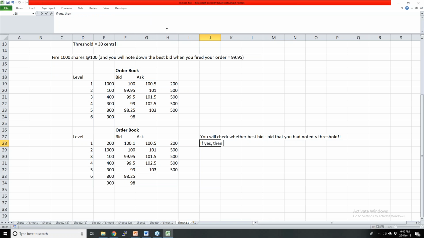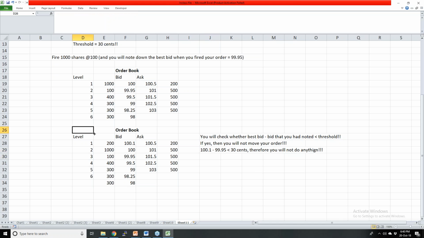If it is less, then you will not move your order. So you will not do anything, right? So in this case, 100.1 minus 99.95 is less than 30 cents. Therefore, you will not do anything. Is this fine?